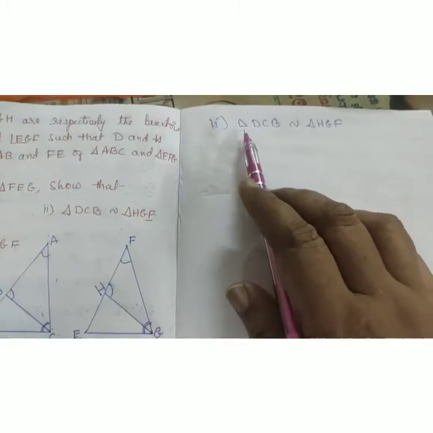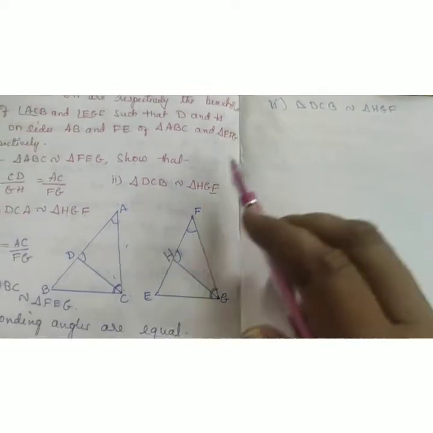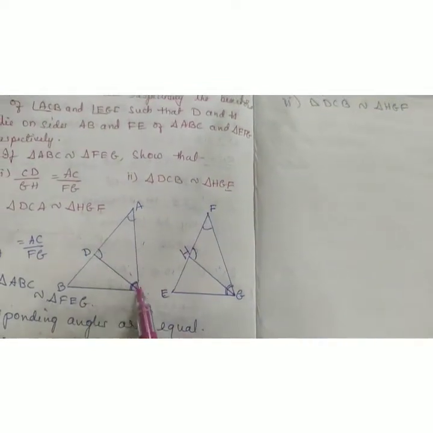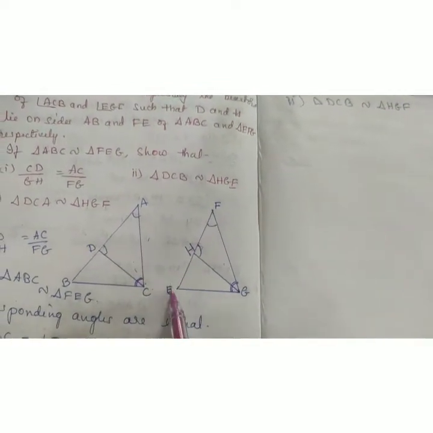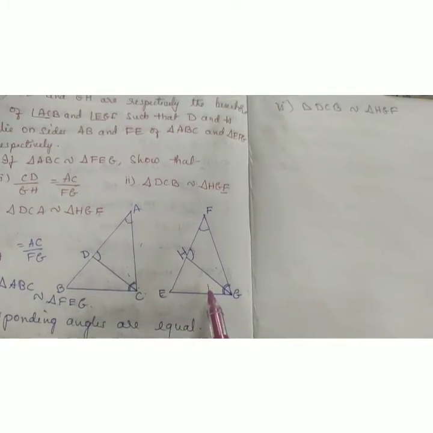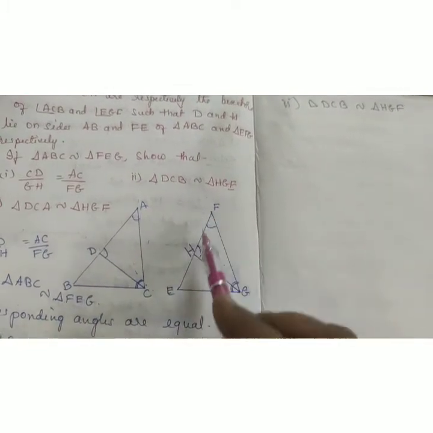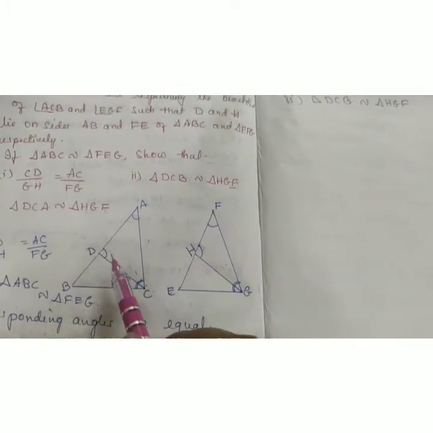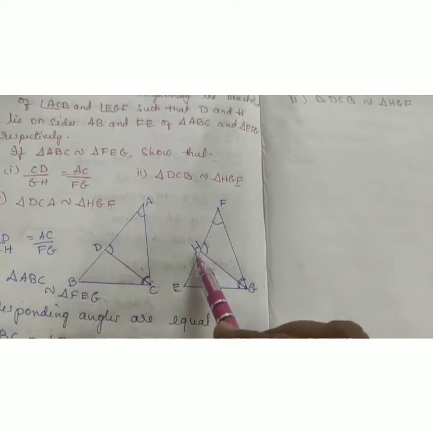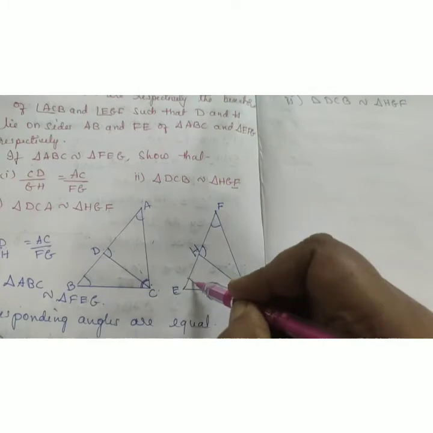Now in the second case we should prove triangle DCB is similar to triangle HGF. So already given triangle ABC is similar to triangle FEG. Therefore angle ABC is equal to angle FEG, we know. So angle DBC will be equal to angle HEG.